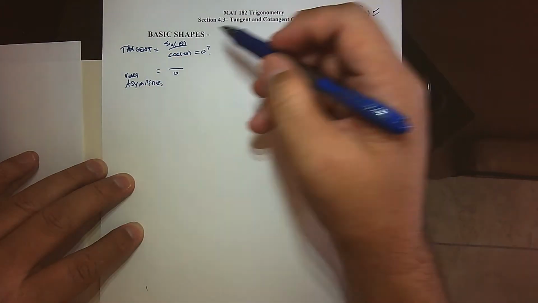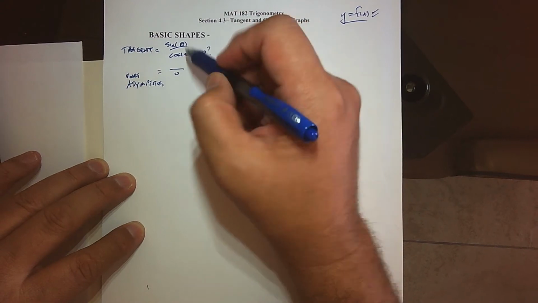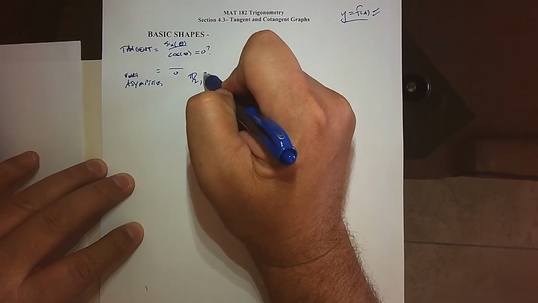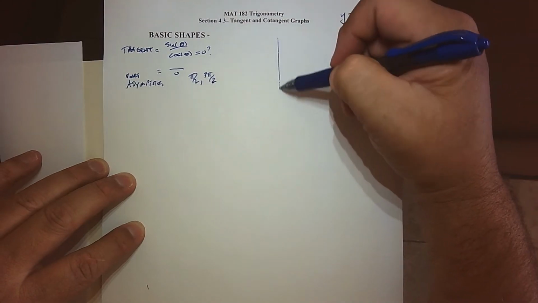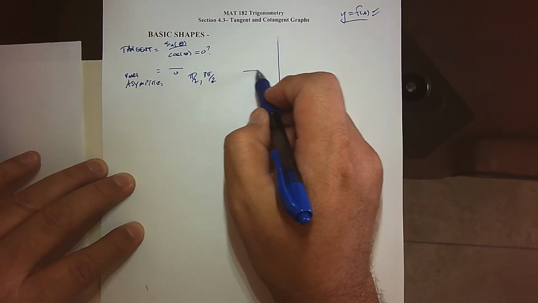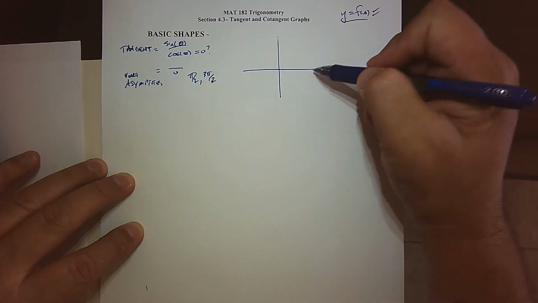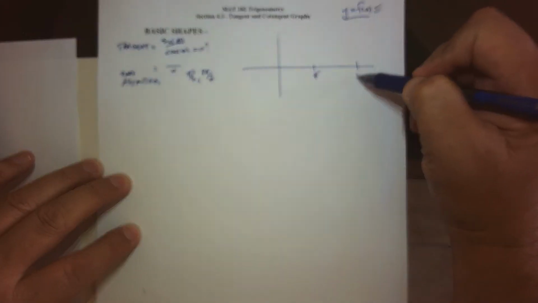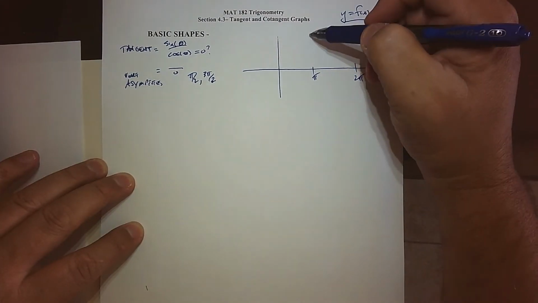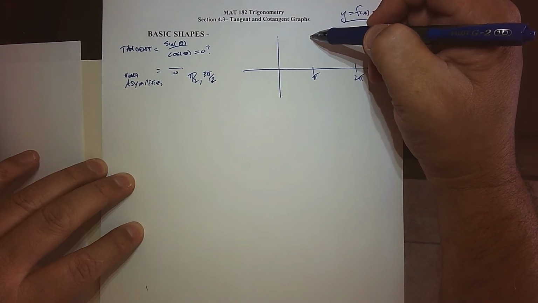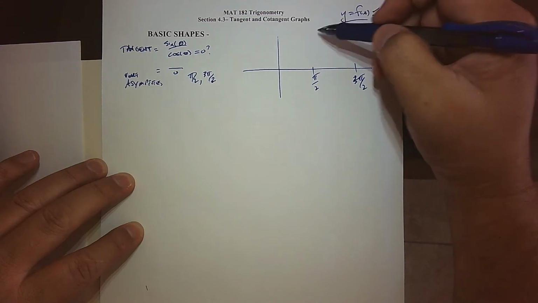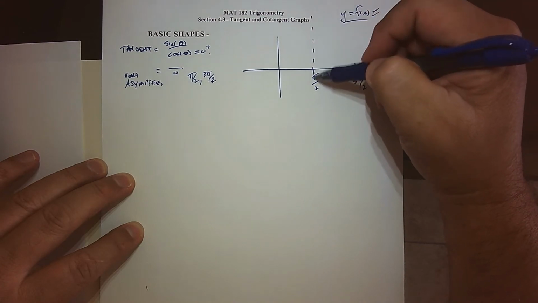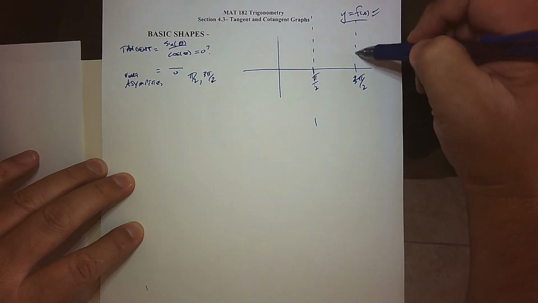All right, and so when does cosine equal 0? Well, at pi over 2 and at 3 pi over 2. So one thing we know right away, without doing anything else, is that at pi over 2 and 3 pi over 2, the graph is going to have vertical asymptotes.